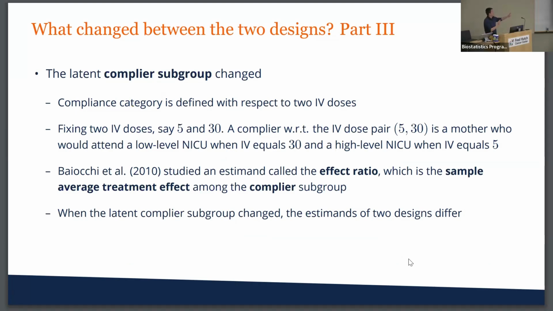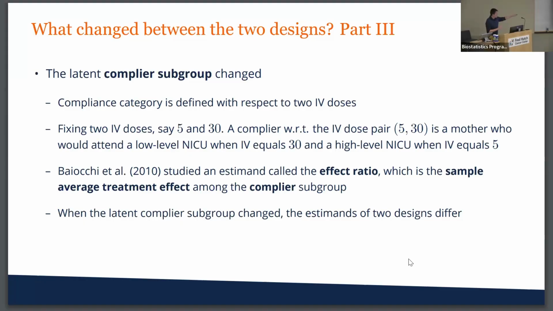The intuition is, for instance, in a pair, a mother with 5 minutes is paired to a mother with 30 minutes. So what is a complier with respect to this IV dose 5, 30? A complier with respect to 5, 30 is a mother who would attend a low-level NICU when IV equals 30 and a high-level NICU when IV equals 5. So the complier here is defined with respect to IV dose.